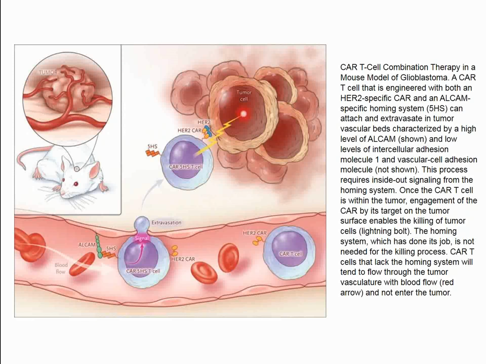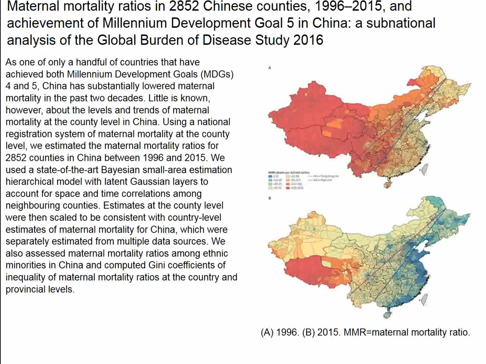Now in the Lancet, I could access this paper, and it concerns maternal mortality ratios in China. And they have indeed increased their healthcare system. We've already discussed neonatal mortality in China. That's also gotten much better. So we're interested in what's happened between 2005 and 2015.